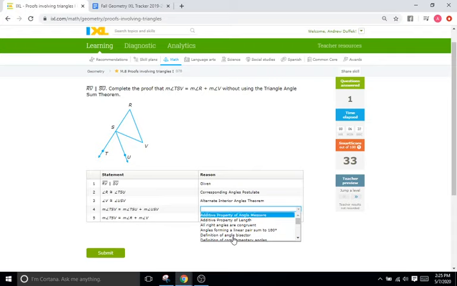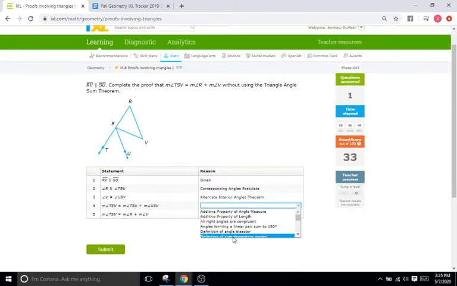Additive property of angle measures. Oh, maybe. Property of length? No. All right angles are congruent? No. Angles forming a linear pair sum to 180. We're not dealing with the linear pair here. That's with the straight line. Definition of angle bisector? No. Definition of complementary angles? No. Definition of equilateral triangle? Nothing to do with an equilateral triangle there for that statement.